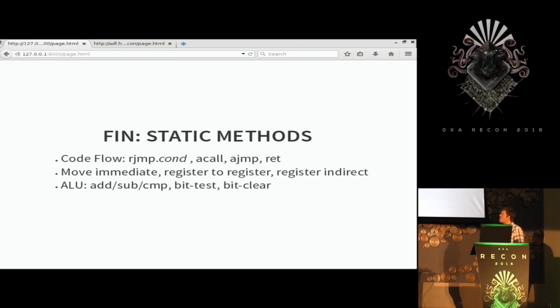So this is the end of what I'll talk about for static methods, but using similar guess and check and validate mechanisms as I described before got us conditional jumps, conditional relative jumps and always relative jumps, absolute call, absolute jump, return, as well as move immediate, register to register transfers, register indirect memory read and write, as well as some ALU operations, which would be add, subtract, compare, bit test, bit clear. And all that came out through guess and check style methodologies.